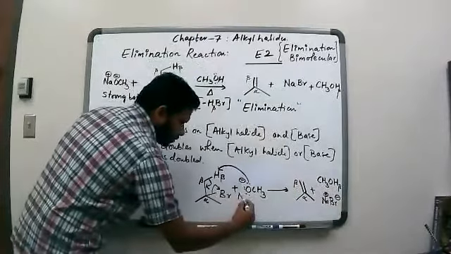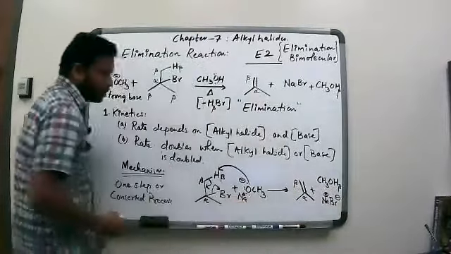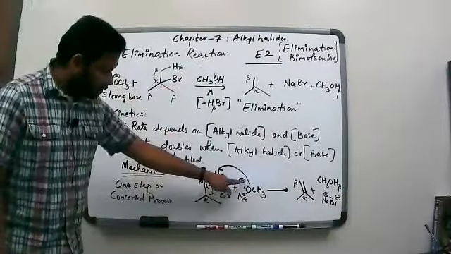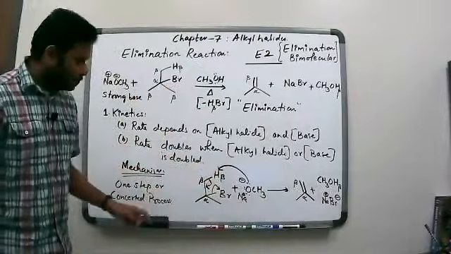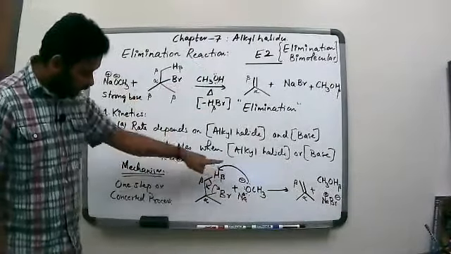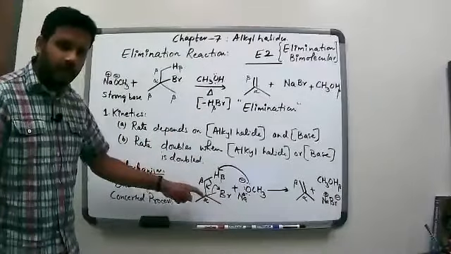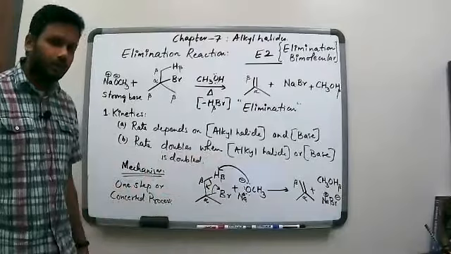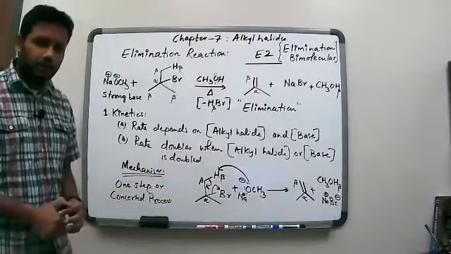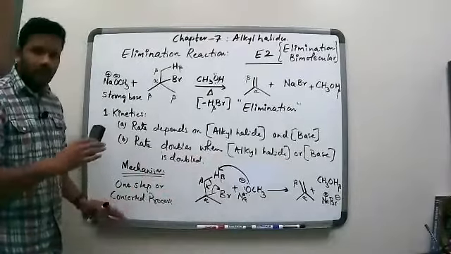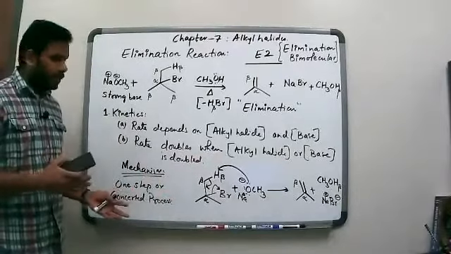Okay, so the sodium is always here, that goes with the bromide. So that's how we get to the product. So the mechanism is basically one step. It's concerted, and it involves 3 electron pushes. So there are 3 electron pushes that you're going to do in the mechanism of this reaction. Okay, so that is an overview of the E2 reaction.